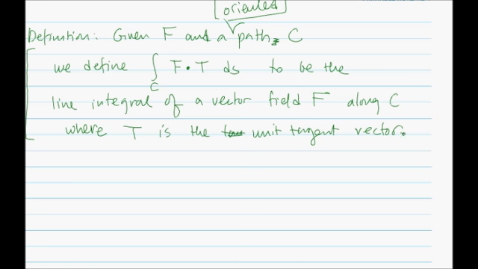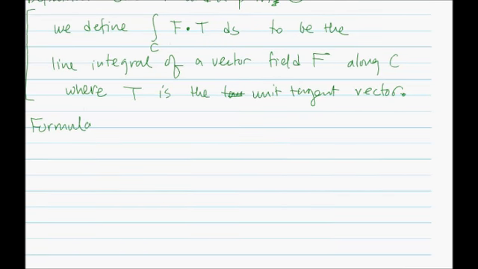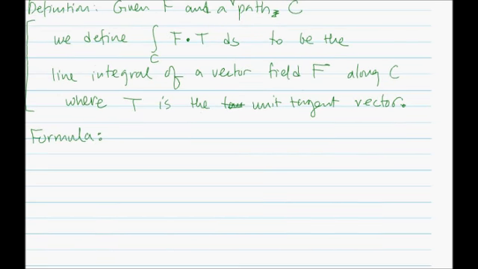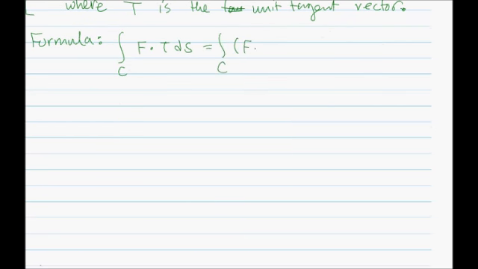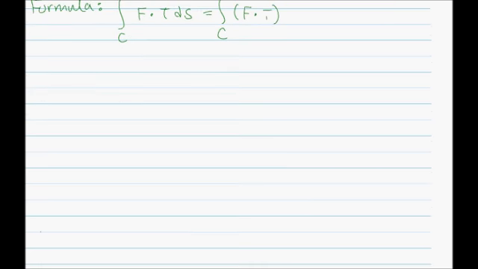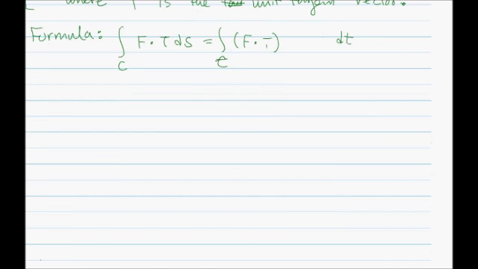But let's think about how we're going to actually calculate all these things. So we go back to this formula. The ds can be written as dt, changing the bounds from a, b to t, with the Jacobian factor absolute value of r prime of t. This all makes sense whenever we have a parameterization, right?